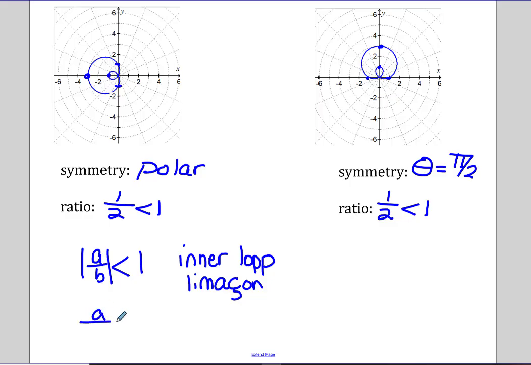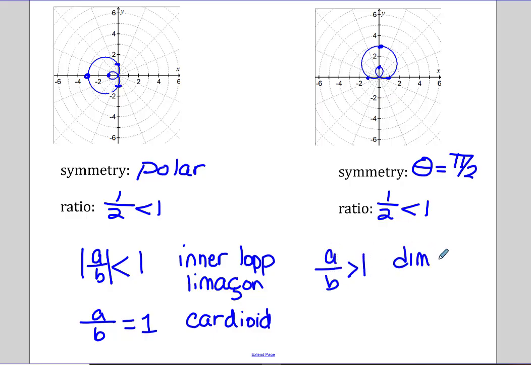We saw in the previous examples, if the A over B is exactly 1, it creates a cardioid. And if the A over B ratio is greater than 1, it's going to either be dimpled or convex, cardioid or limacon.